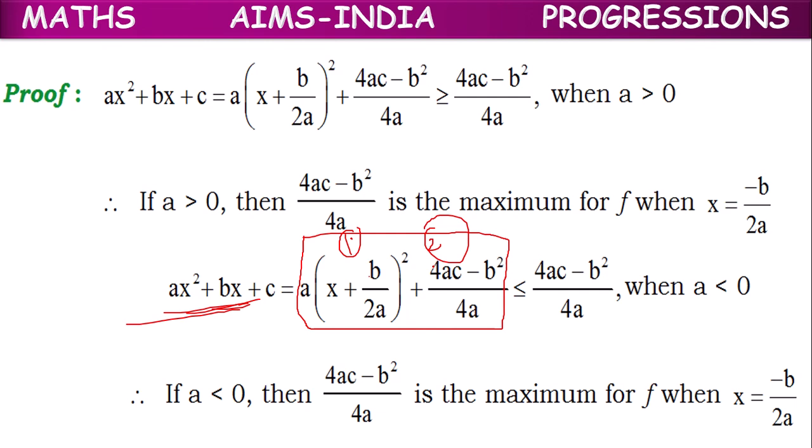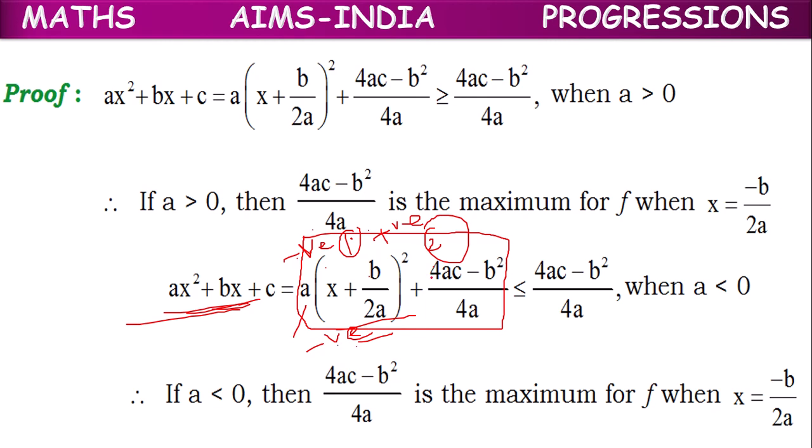In this 1 and 2 part, if a is less than 0, this square value is always positive. If a is less than 0, it is a negative value. Negative value into positive, we will get a negative value.